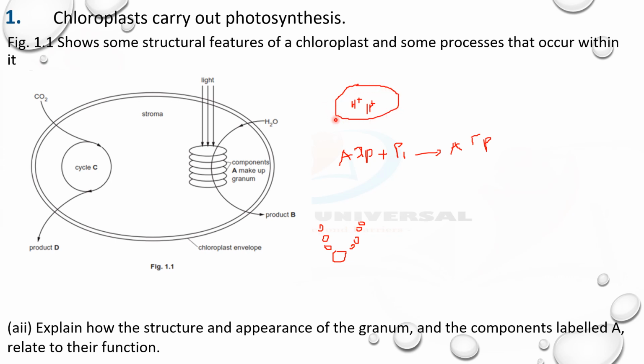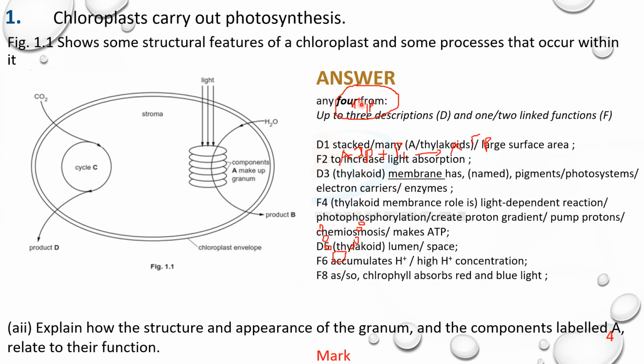They help in absorption, photoexcitation, and photoemission of electrons. That's photophosphorylation, and that helps to move protons. Of course, they contain electron carriers which help in the electron transport chain, which also pumps protons. This also consists of the thylakoid space to accumulate protons.